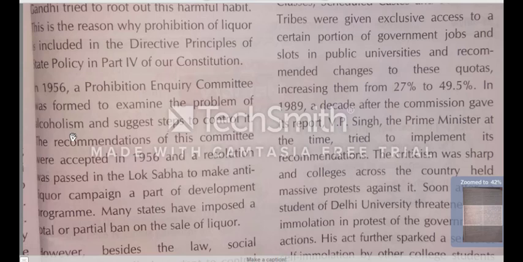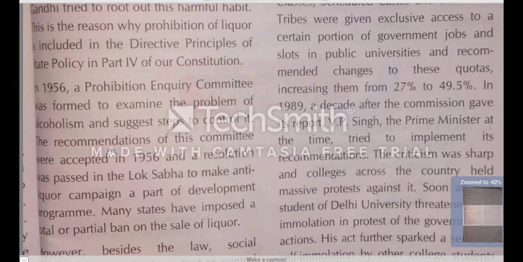Alcoholism means शराबीपन, अधिक मदिरा पीने से उत्पन्न रोग, and also to suggest steps to control it.